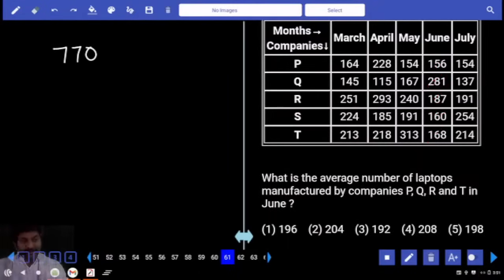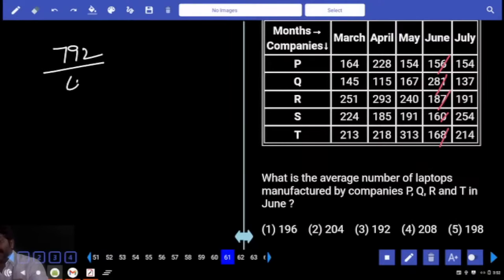Okay. Next. Already 8 plus 15, 16, 22. 22 added, divided by, definitely it cannot be 4th option. So 5th is final. Already చేసి పెట్టుకున్నాం కదా కొంత లాస్ట్ డిజిట్ వరకు.